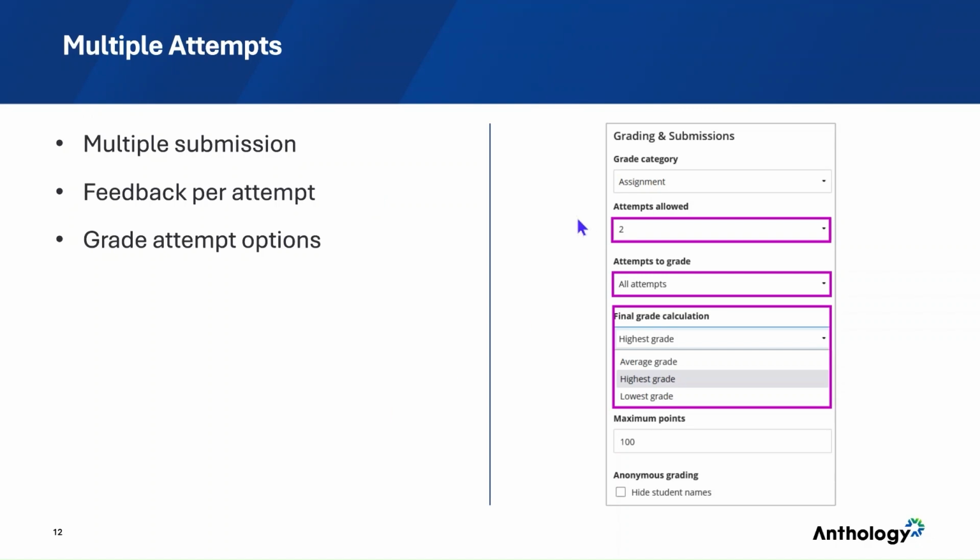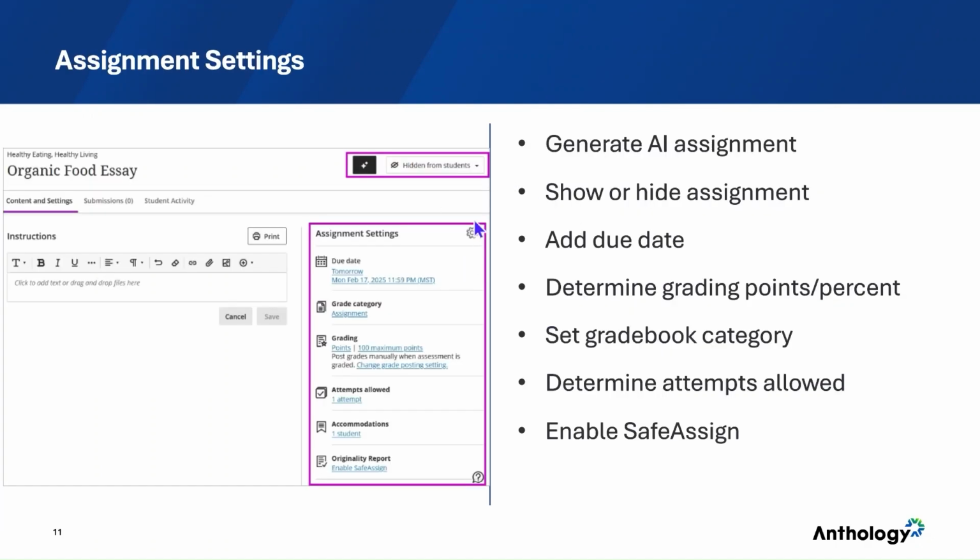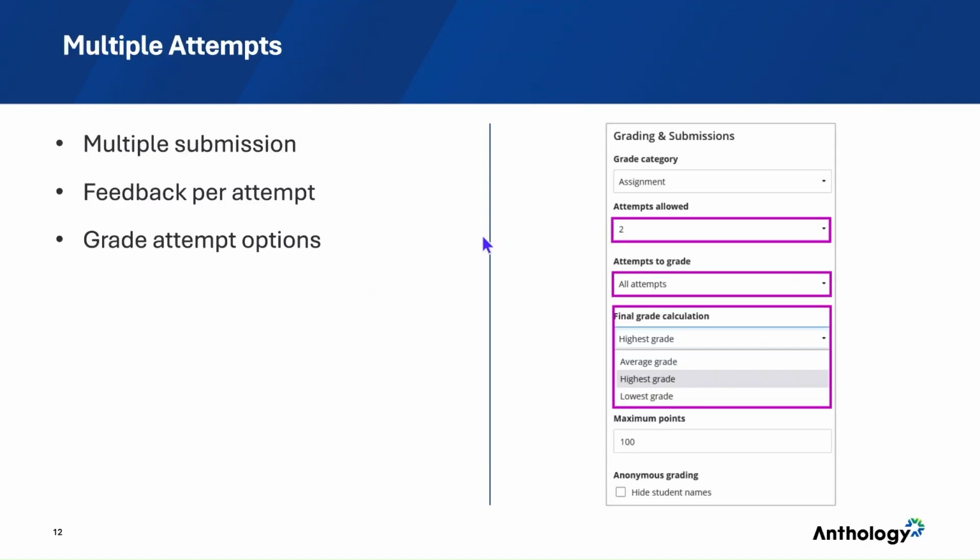So when you open the gear icon that I showed before, you'll see under grading and submissions options, the number of attempts allowed for that assignment. You can change from 1 to 10 or unlimited attempts. After you have changed that setting, you'll be able to select the attempt to grade.